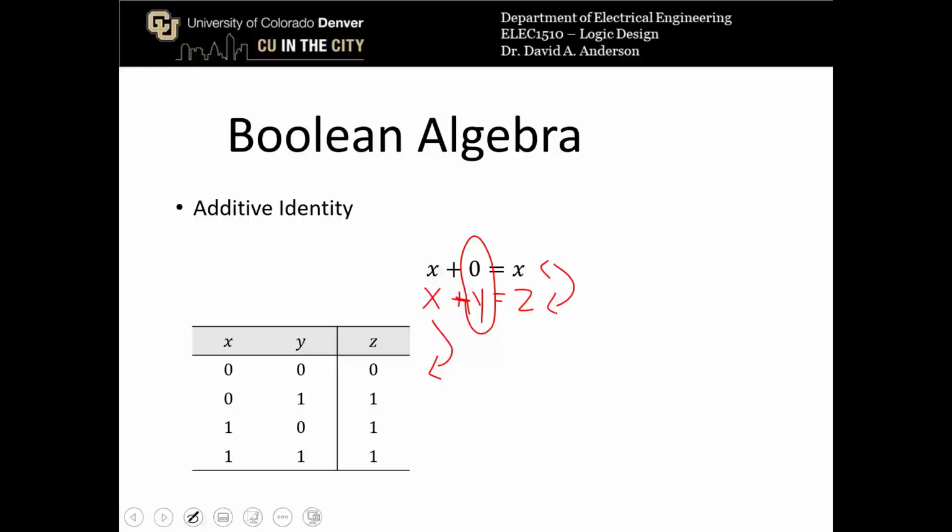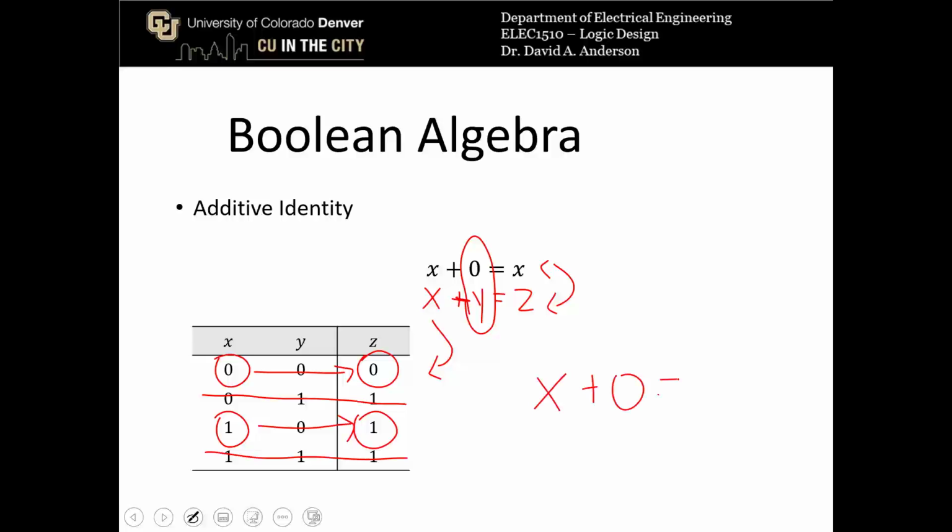So I need to cross out the rows where y is equal to 1, which is here and here. And now if I look at what z is, when x is 0, z is 0, and when x is 1, z is 1. So now I've proven that there's an equivalence between x and z, so x or 0 is equal to x.